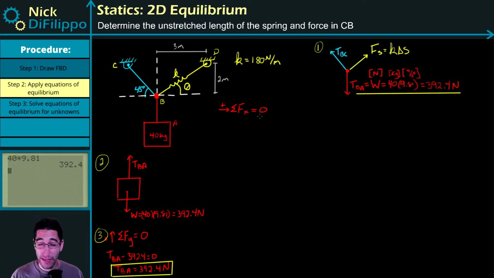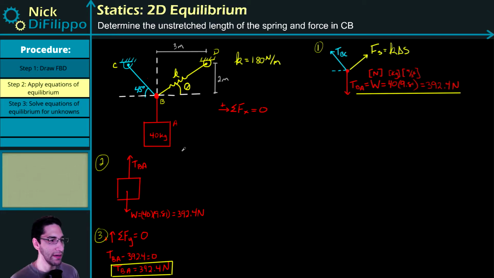So let's look at this. Well, TBC right here, if I decompose that into x and y, I have something that goes this way and something that goes this way. So my x component is pointing to the left. I said to the right is positive.